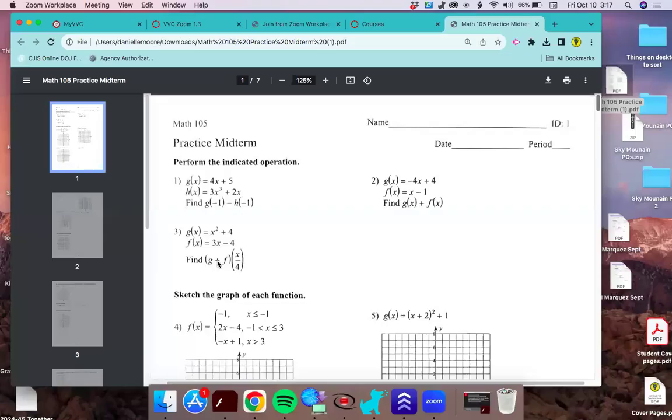What I might recommend here is, let's do g of x plus f of x as functions. Shoot in x over 4 every time we see an x. You could put the x over 4 in right away, something like that.